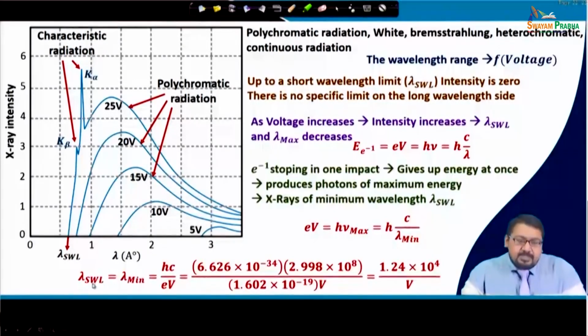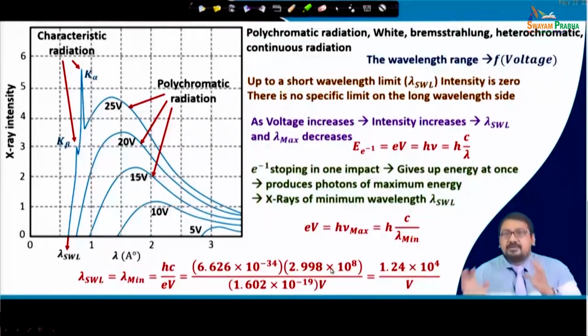So the lambda SWL, that is the short wavelength limit, is given by h, which is Planck's constant, times c, which is the velocity of light, divided by the charge of the electron and the voltage of the X-ray tube. That means the voltage at which the electrons from the cathode are hitting the target anode.